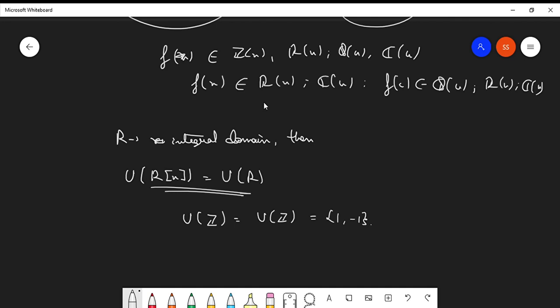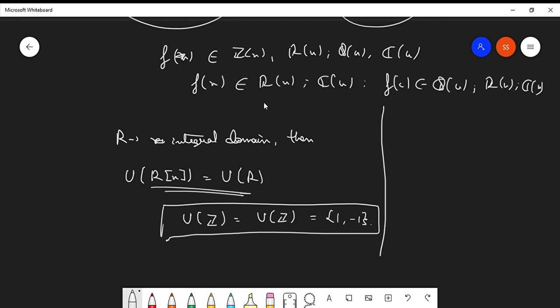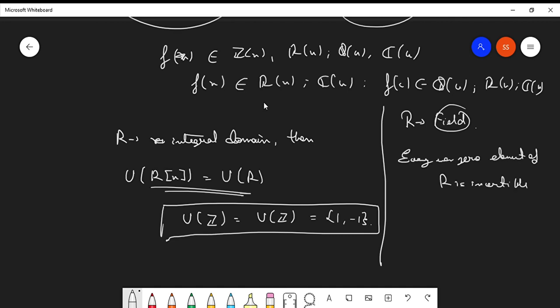Okay, this much is clear. You already know that if R is a field, then every non-zero element of R is invertible. That means if R is a field, then the units of R are simply R minus 0. Keep this in mind.